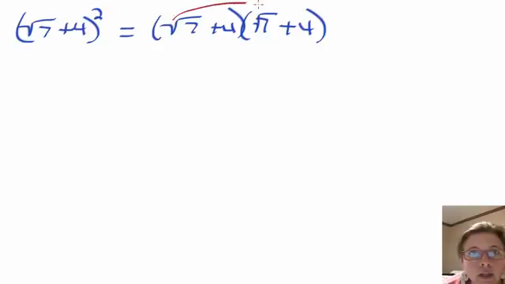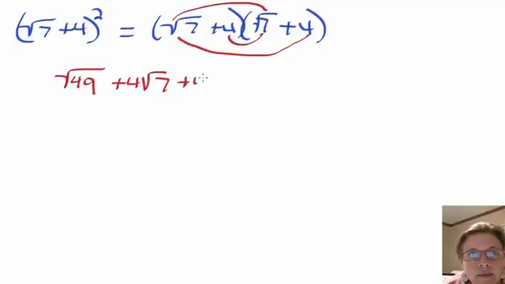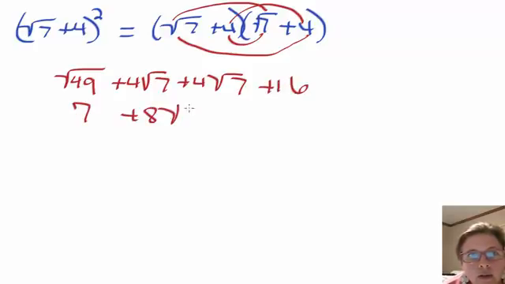Okay, so first, square root of 7 times the square root of 7 is square root of 49. Outside, so plus 4 square roots of 7. Inside, plus 4 square roots of 7. Last, plus 16. Okay, well, this just becomes 7. This becomes 8 square roots of 7. This becomes 16.